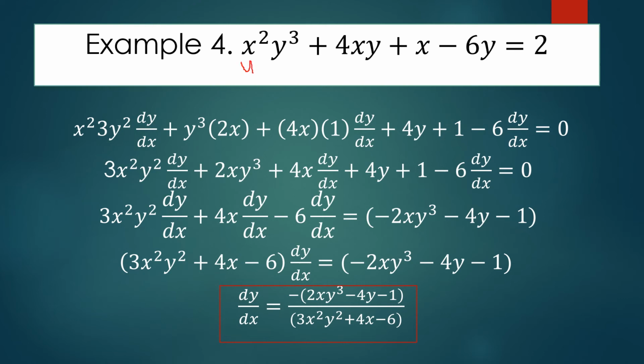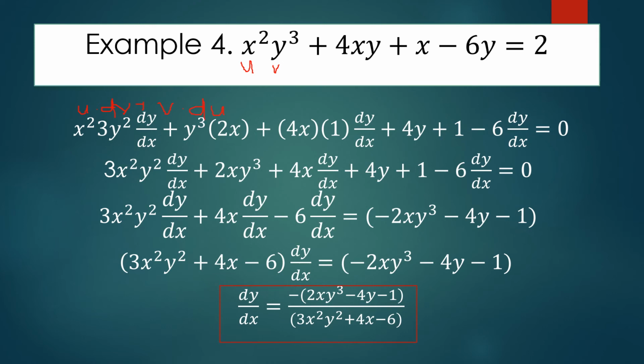So let u be equal to x squared and let v is equal to y cubed. So using the formula u times dv plus v times du.